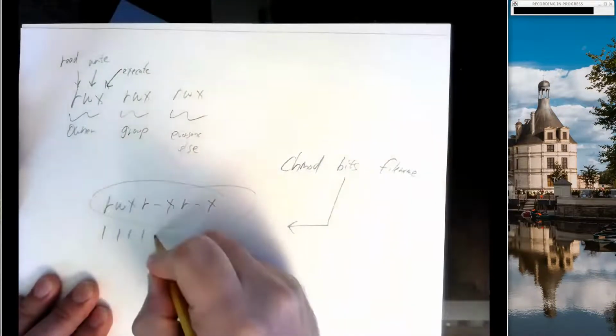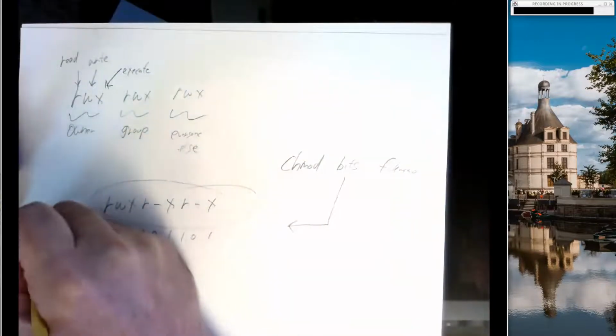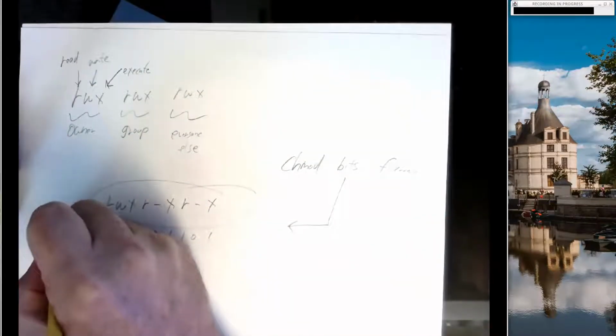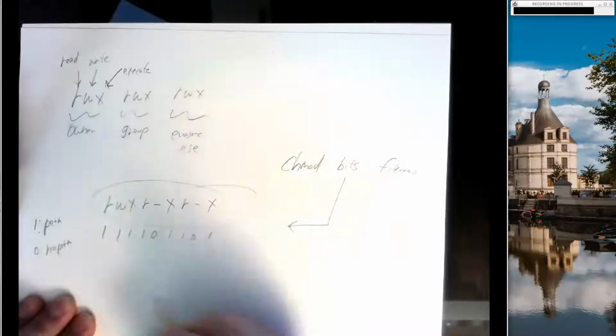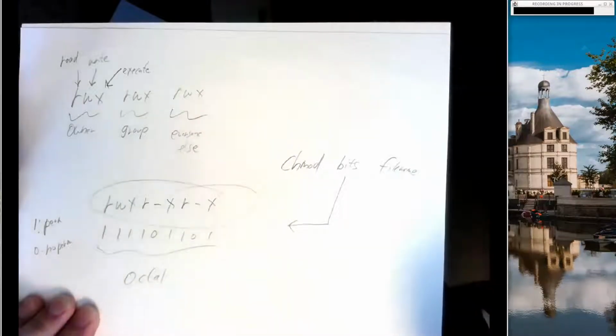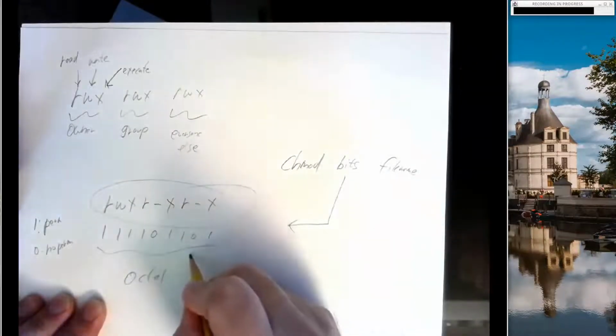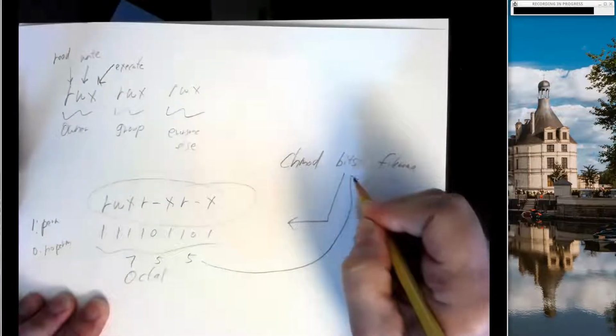If you want to deny permission, that's a 0. So 1 means permission, 0 means no permission. And then write this in octal. So as a 3-digit octal number, this is a 5, this is a 5, this is a 7. That's what goes right there.